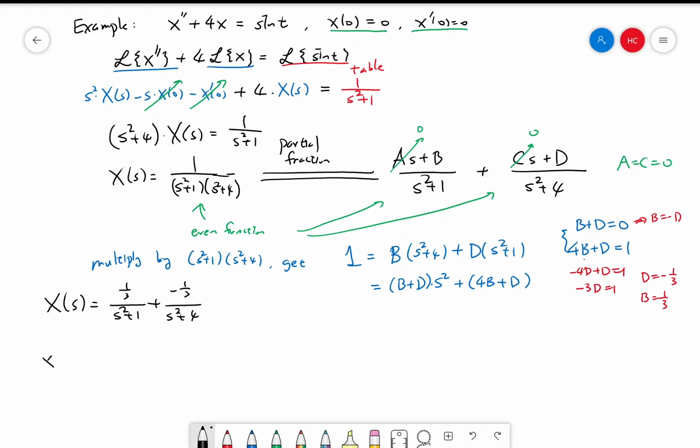To find little x, which is what the initial equation asks for, we need to take the inverse Laplace transform. So we take the inverse Laplace transform of these two fractions. Because it's linear, we can take the constants out.